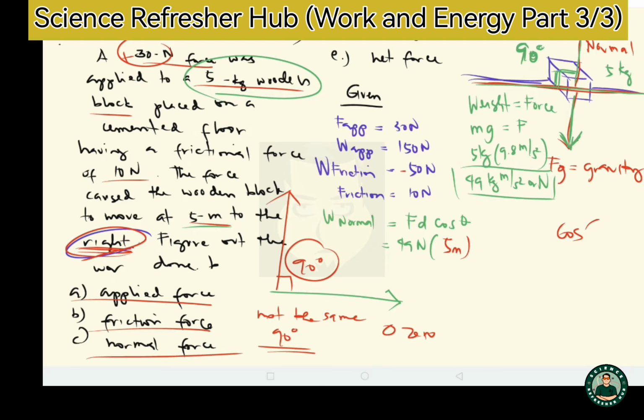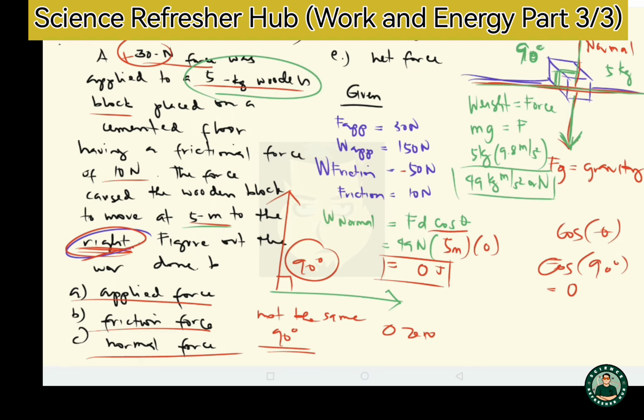If you input cosine 90 degrees in your calculator, the answer will be 0. It is equivalent to 0. So this cosine theta here is 0. So our answer will definitely be 0 joule.